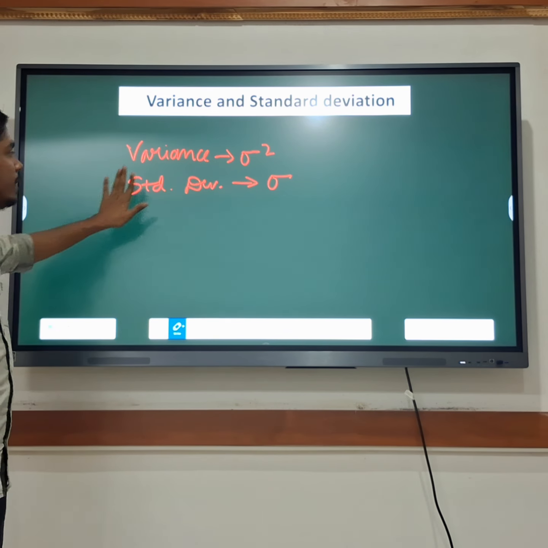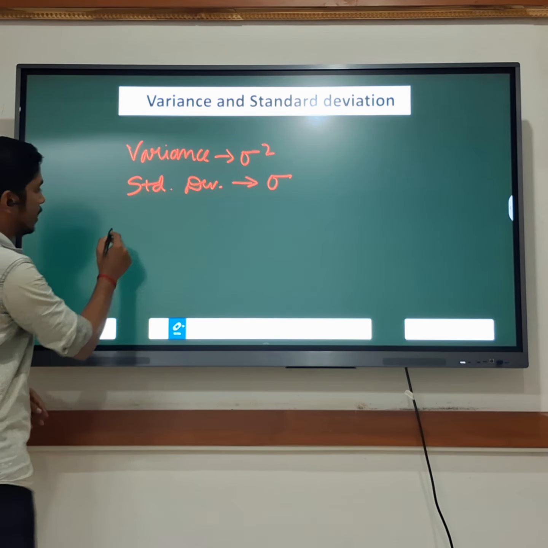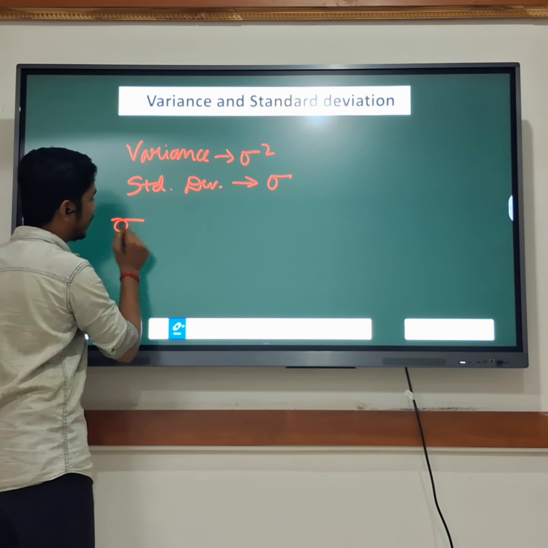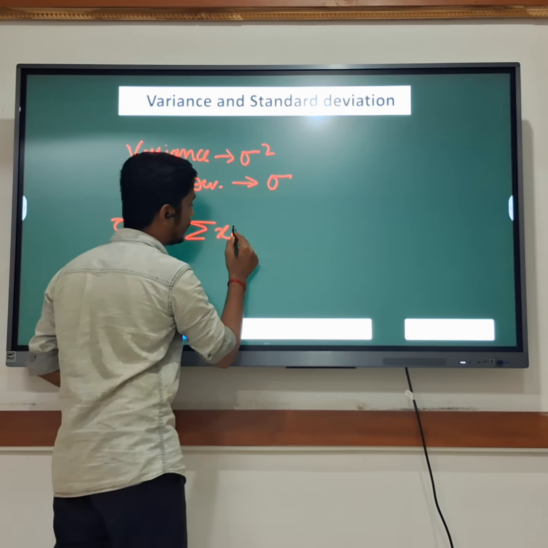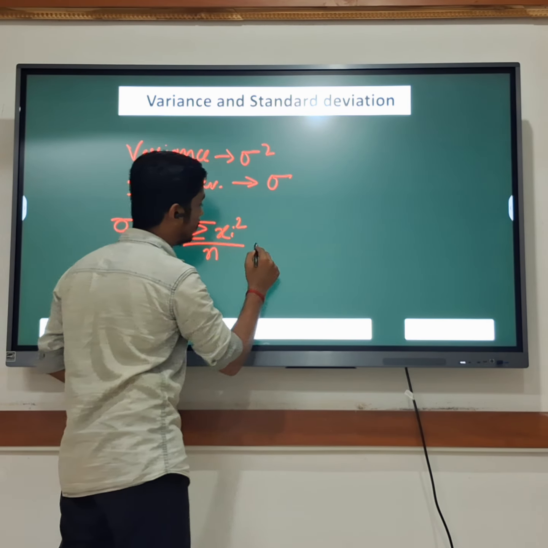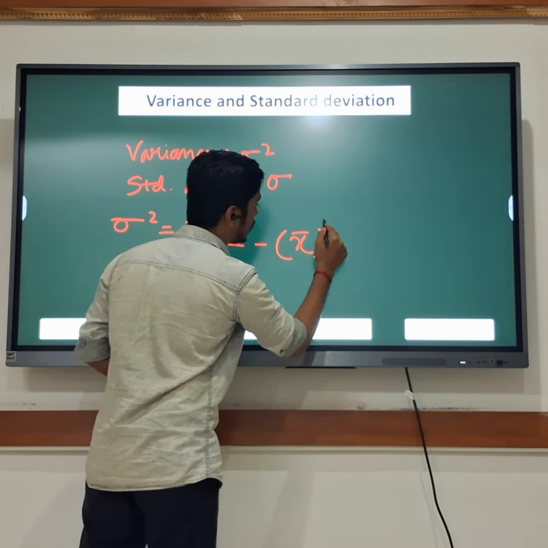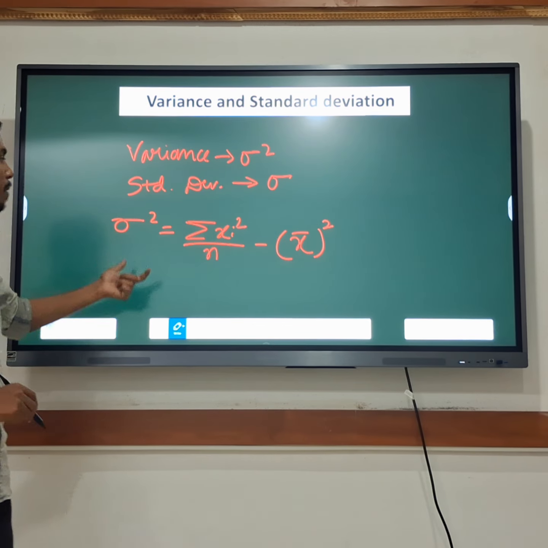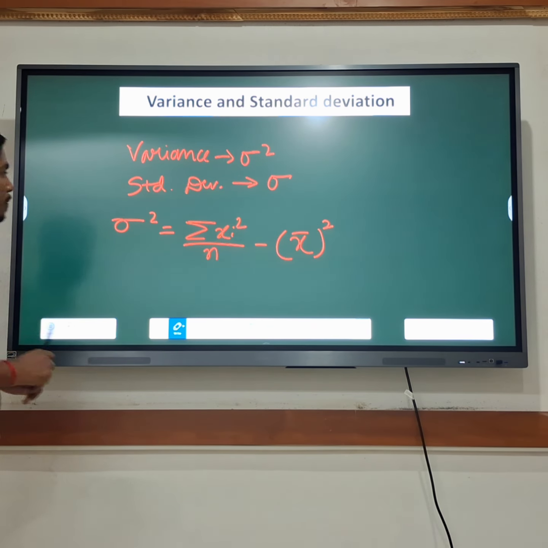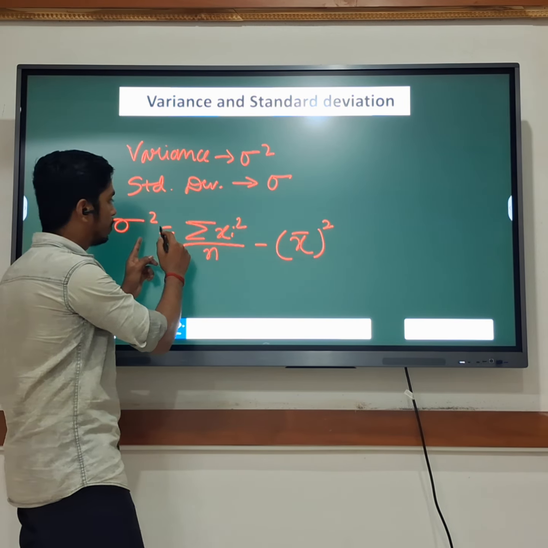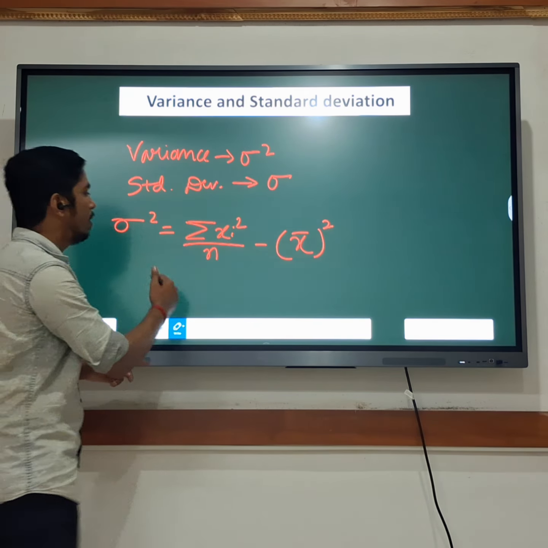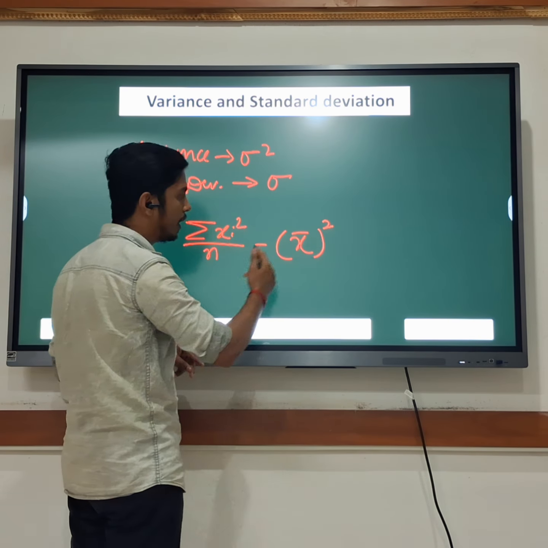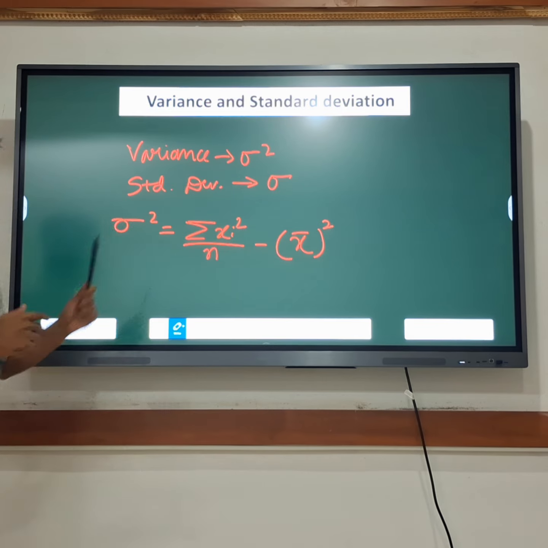The formula for sigma square, the variance, is summation xi square divided by n minus x bar whole square. If I want the standard deviation, this square goes to the right side, so it becomes the square root of summation xi square by n minus x bar square. This is called the standard deviation.